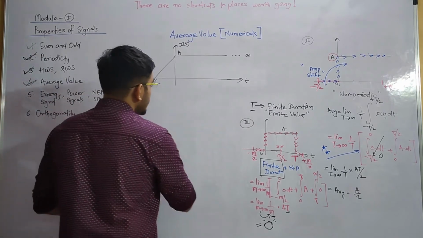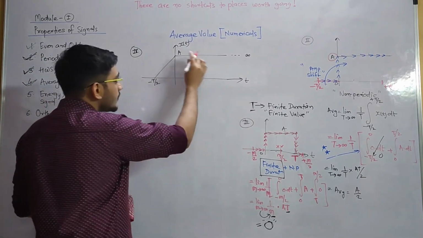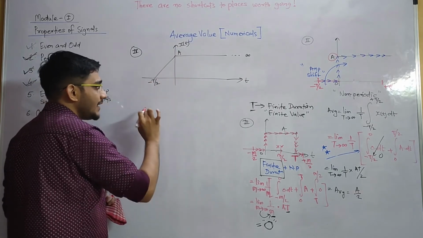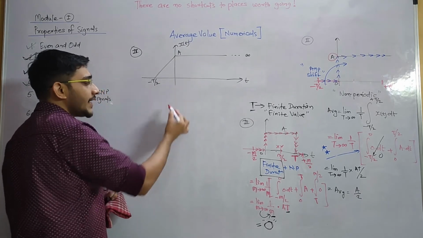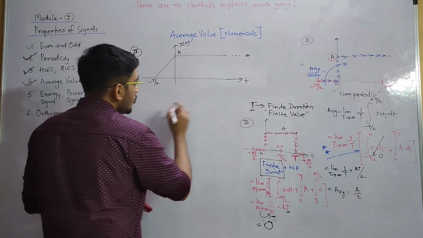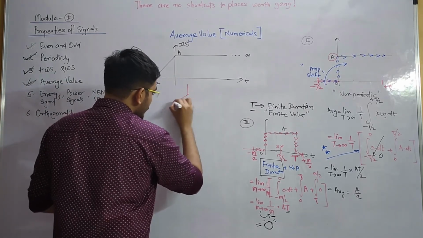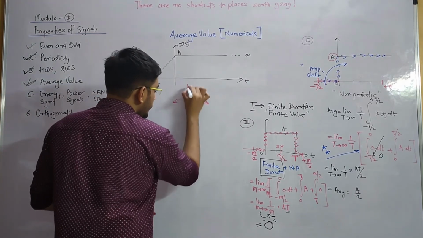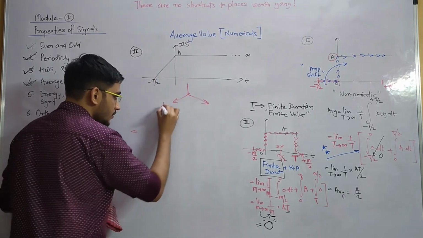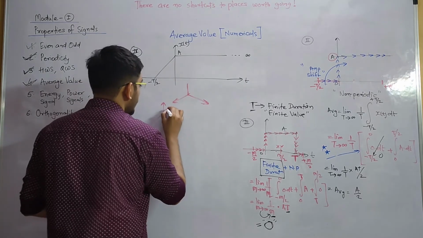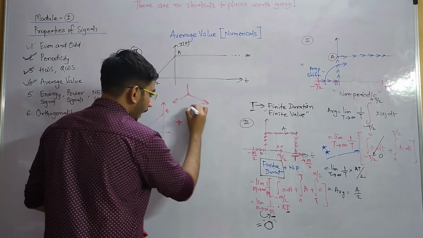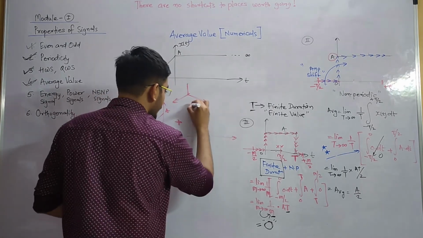Just see this. How can I redraw this signal? I'm going to redraw this signal such that it is a combination of a finite duration and a non-periodic signal. Let's try to do that. So can I draw this like this? What I'll do is I'll just draw this way. This is A, this is minus T by 2, and I'll just write plus here, and this will be looking like this.